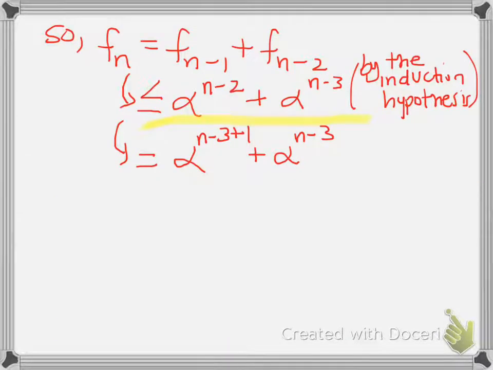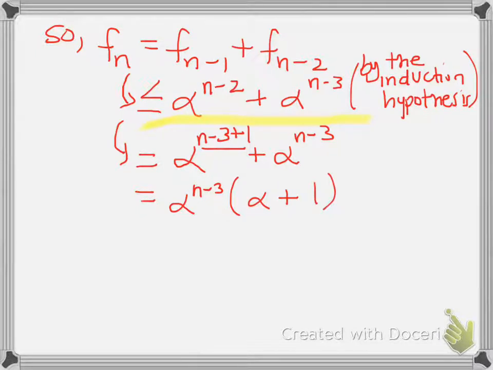So here we have alpha, and what I'm doing on this line is finding a way to get an alpha squared. That's why I'm rewriting this as alpha to the n minus 3 plus 1, because when I factor out alpha to the n minus 3, I'm going to get something squared. So this becomes alpha to the n minus 3 times alpha plus 1.